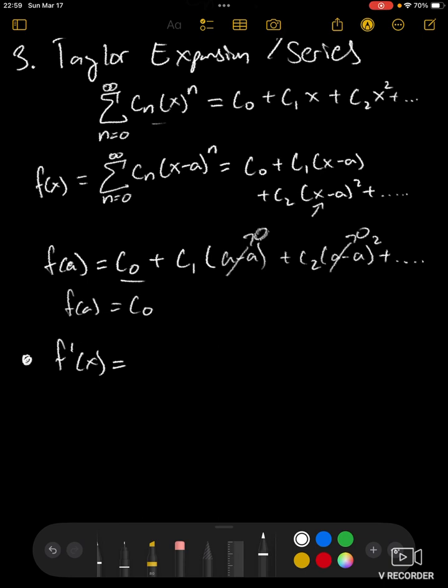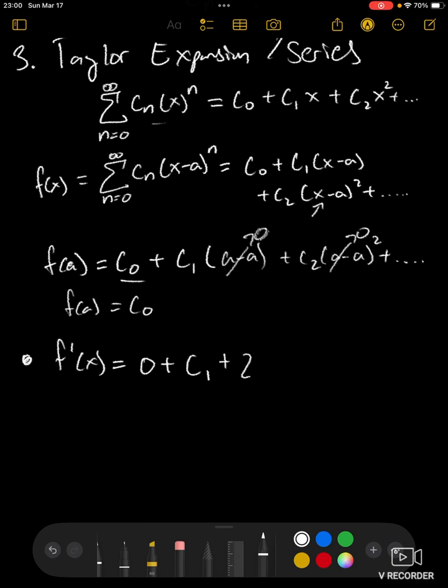Well, let's do this first. Our first term is 0. Why? Because if we take the derivative of a constant, it is equal to 0. Then if we take the derivative of this right here, we're just going to get whatever the coefficient is in front, so that is just going to be plus c1. For this term right here, we're going to use the power rule.